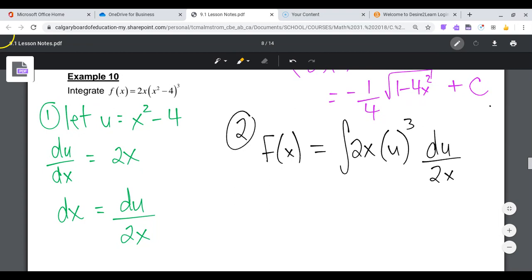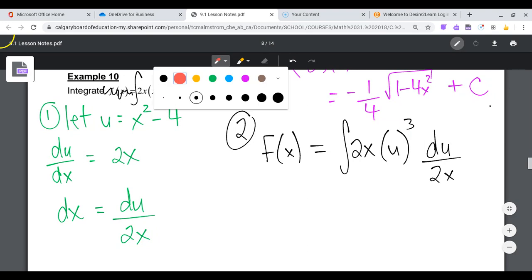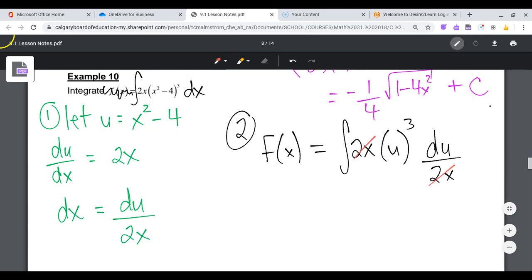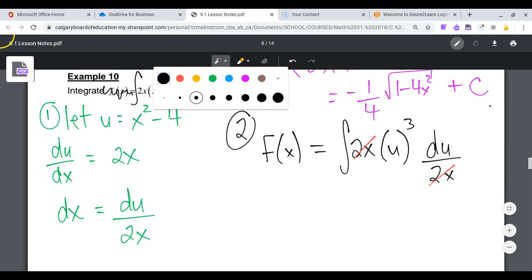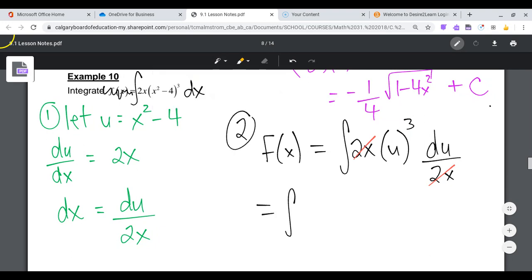So if you think about what this would have looked like with its symbols, this would have had an integral symbol out the front, and it would have said in terms of x. So that dx command would have been out the end. And then what we see here is those 2x's get to go away, and we're left with integrating in terms of u.